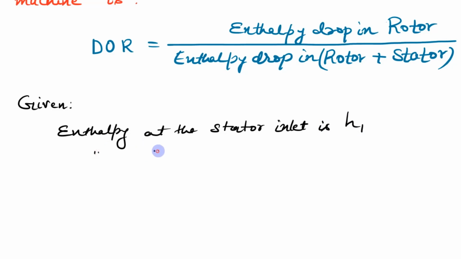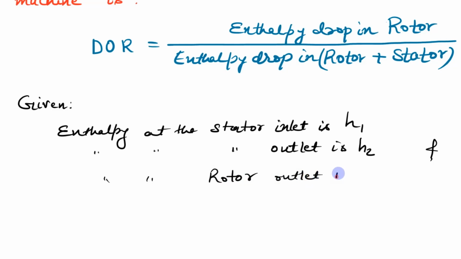Now enthalpy at the stator outlet is given as H2, and enthalpy at the rotor outlet is H3. So these are the information given, and one more condition is given that H2 minus H1 should be equal to H3 minus H2. So for this stage we need to find the degree of reaction. This is also given in the problem.